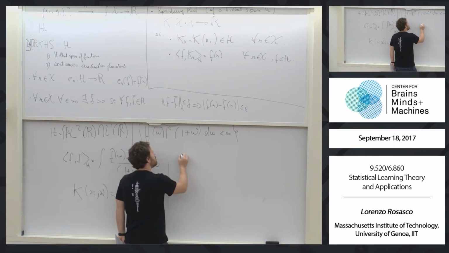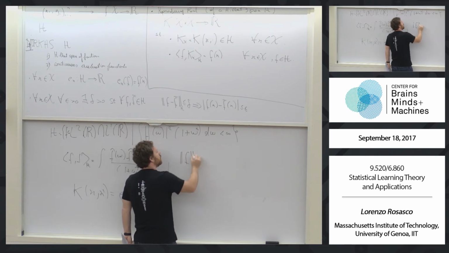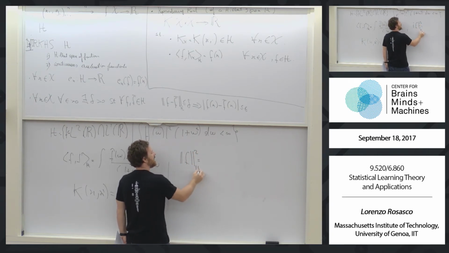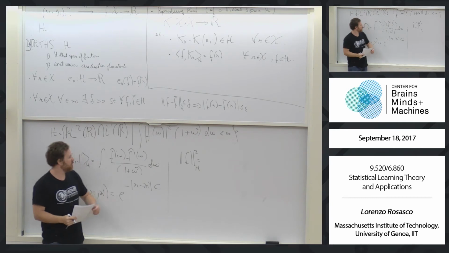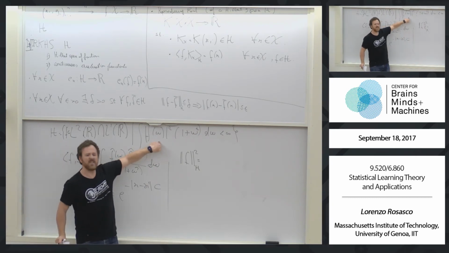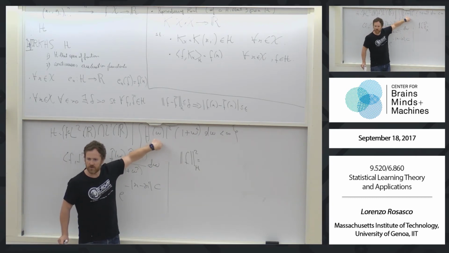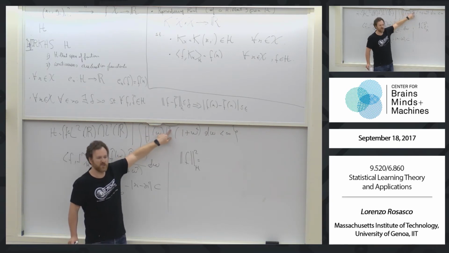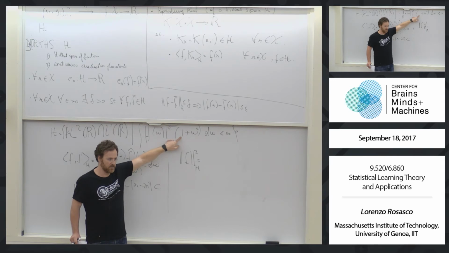Turns out that if you do a bit of calculation, you can check that the norm in H, you just have to remember, this is the norm of the function. This is the norm in H. And you see, I basically get f omega squared multiplied by 1.